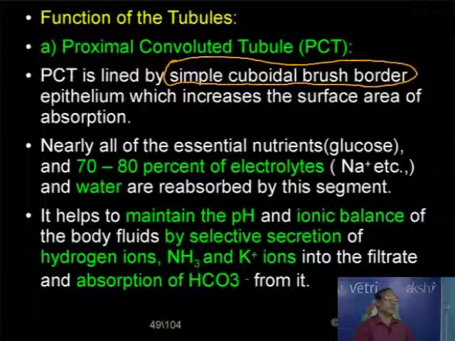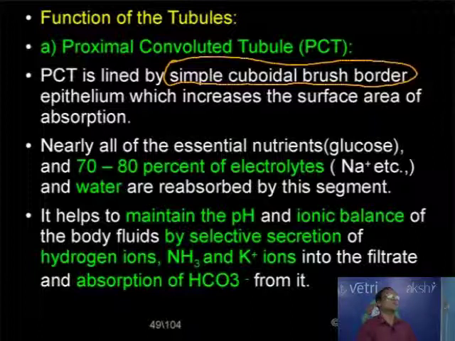So the main role of the proximal convoluted tubule basically is to maintain the pH of the body fluids by promoting the absorption of sodium chloride and sodium bicarbonate, and promoting the secretion of potassium ions. And also we have ammonia along with hydrogen ions, because the urine is always acidic.